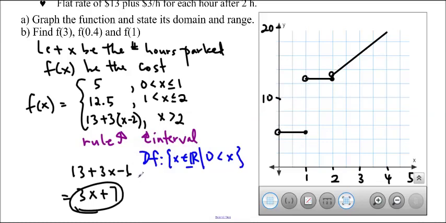The range, however, is a little bit more complicated because it's continuous in some places and then it's discrete in other cases. And discrete means it's separated, right? There's no touching there. It's not continuous.